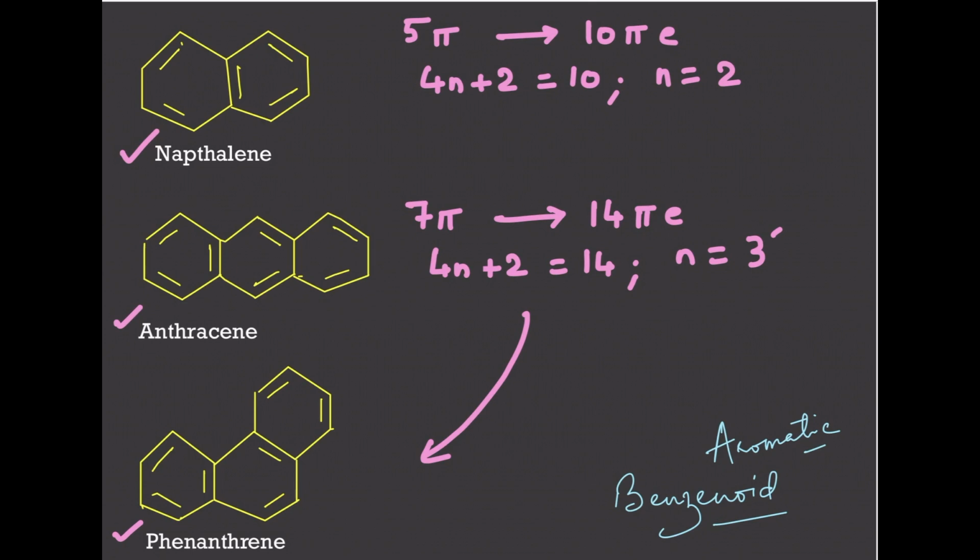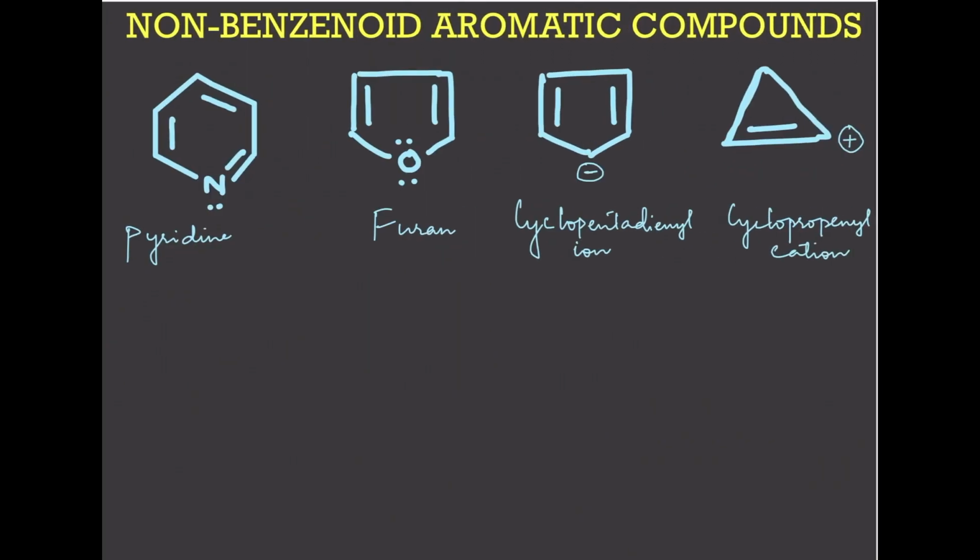So you have to keep in mind, while studying Huckel's rule, that to decide whether a particular compound is aromatic or not, it should not only have 4n plus 2 pi electrons; it should be planar, cyclic and conjugated, and all these 4n plus 2 pi electrons must be delocalized above and below the ring. So that is Huckel's rule of aromaticity and benzenoid aromatic compounds.